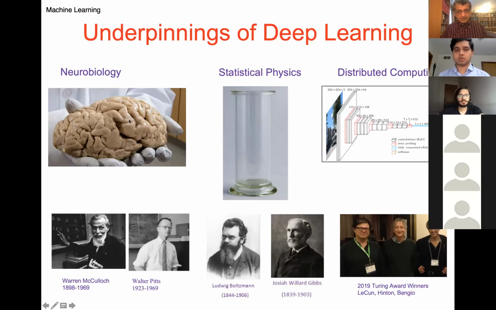And then the statistical physics I mentioned, these were guys who were just studying the nature of gases and temperature and volume and pressure and all these things. Ludwig Boltzmann, who was interested in thermodynamics, and Josiah Gibbs, who was also interested in statistical physics.